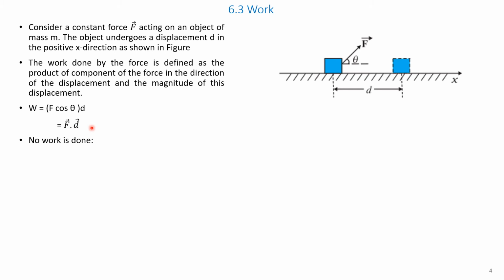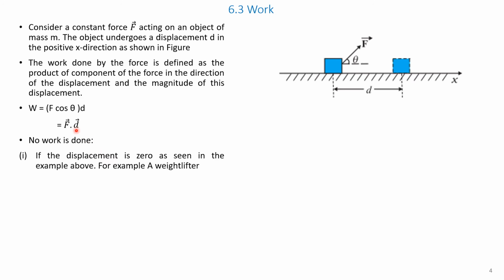Therefore, from this equation, we can infer that W equals 0, that is, no work is done, if the displacement is 0, that is, if d is 0, as seen in the example above. Another example of this is a weightlifter holding a mass of 150 kg on his shoulder for 30 seconds, who does no work on the load during this time.